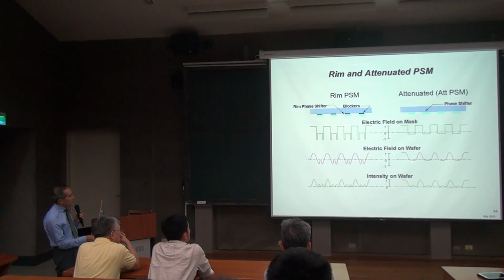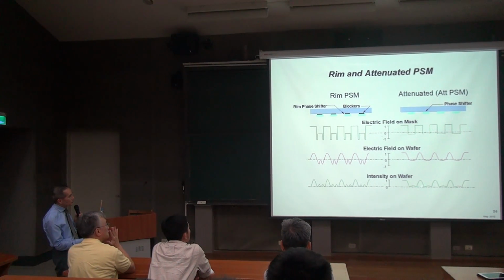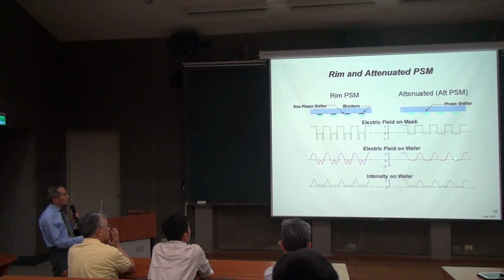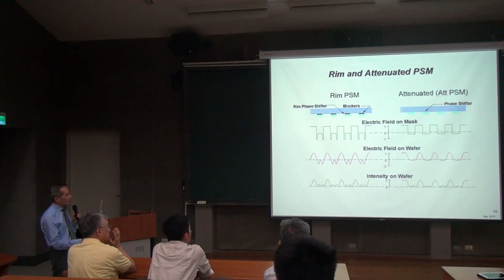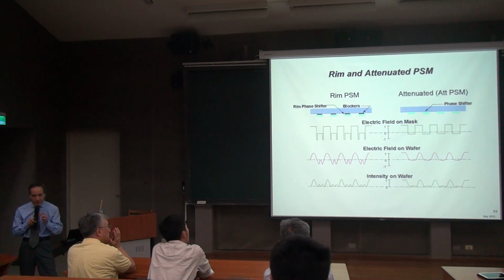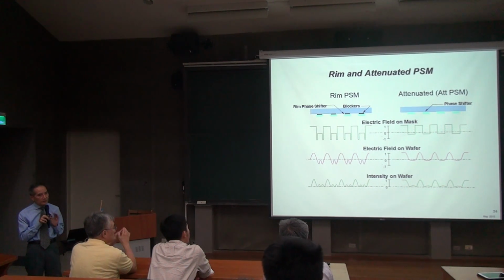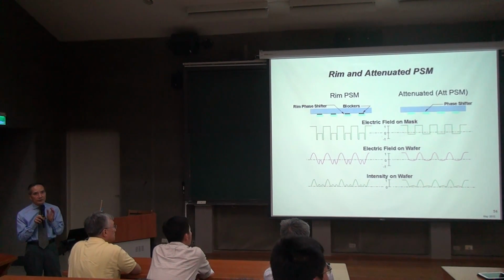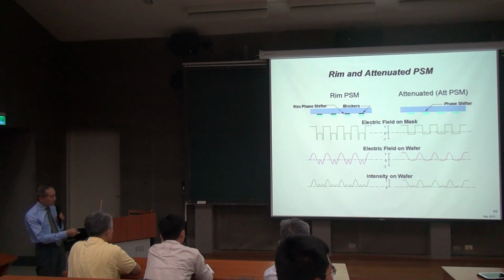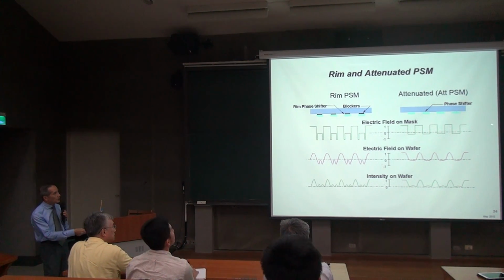Still, it improves your contrast and gives you a better image than before. The reason I brought this up is that this system is now a baseline. It's well used in the industry. Almost always, when you want to improve things, you go to the attenuated phase shifting mask. Very popular.